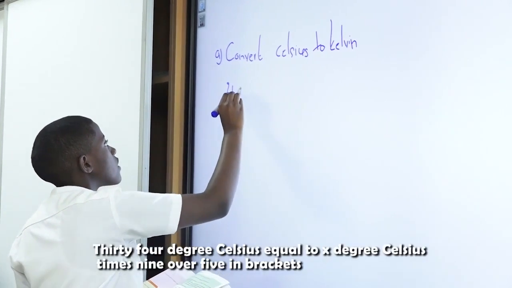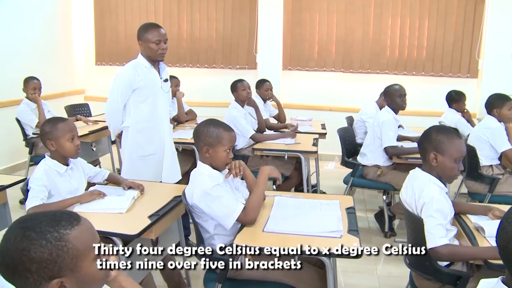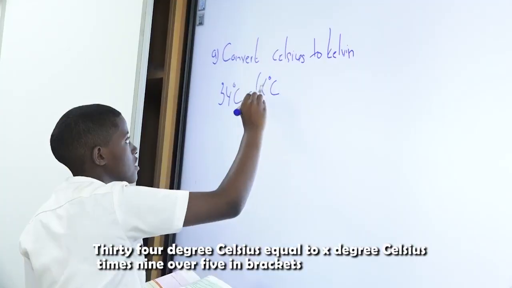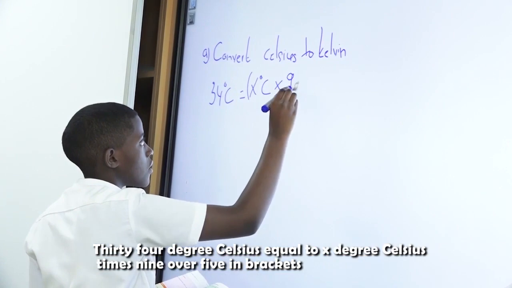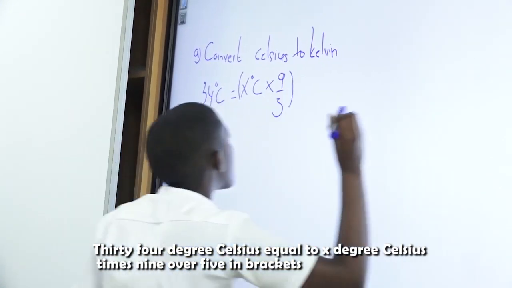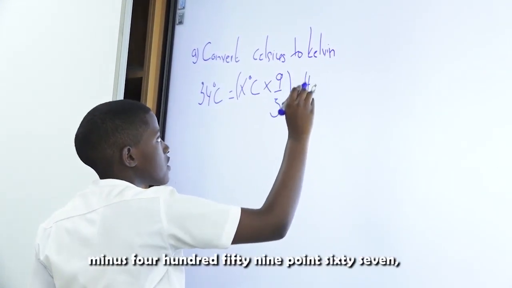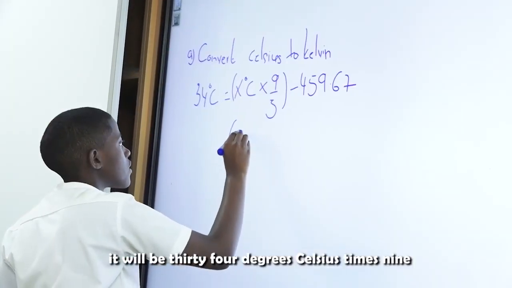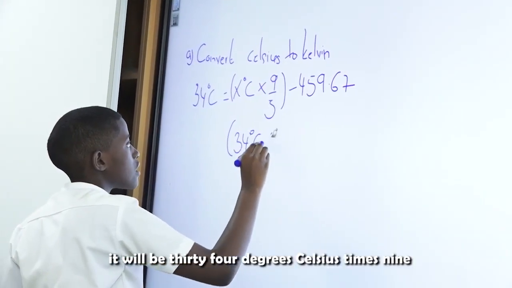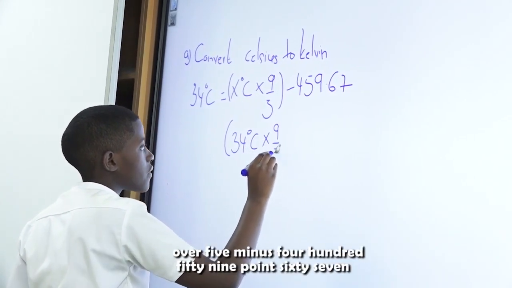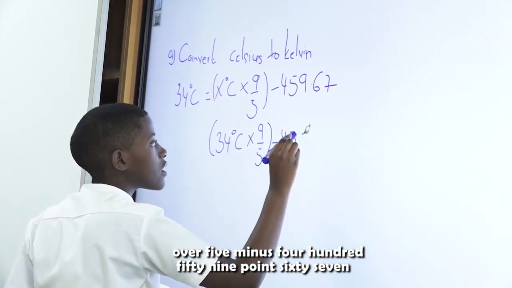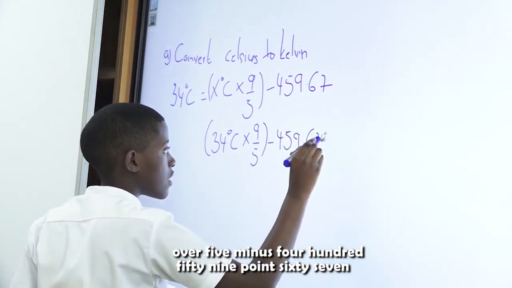Say x degrees Celsius times 9/5 in brackets minus 459.67. It is 34 degrees Celsius times 9/5 minus 459.67.